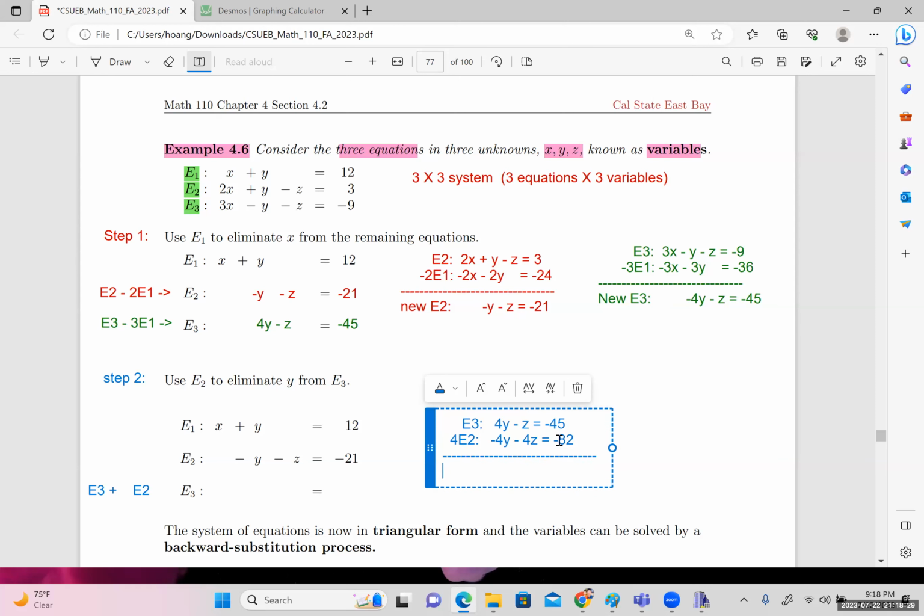And we will have new equation 3. New equation 3 with no more y variables, and we have only negative 5z equal to, what is this going to be?